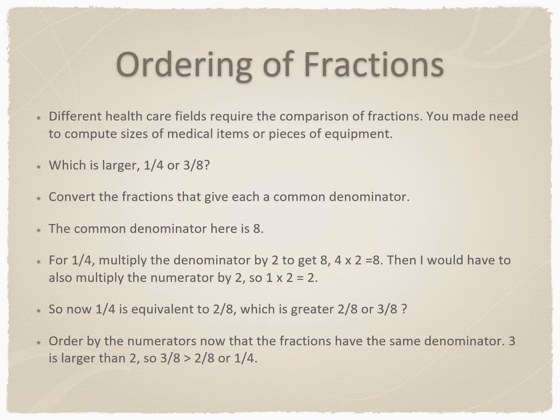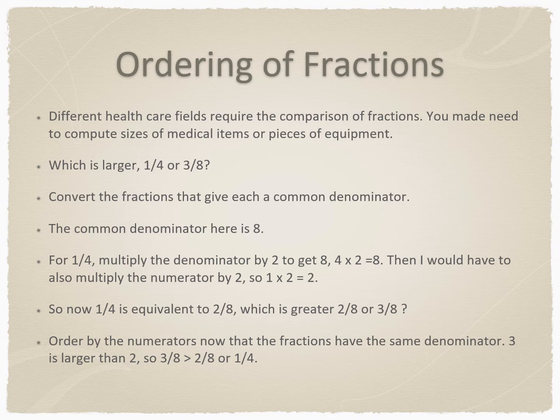So we have an example here of 1/4 or 3/8. So which one is bigger? Okay, so again we have to find the common denominator. So our common denominator there is 8. In order to get the 4 to the 8, we had to multiply it by 2. Then we had to do the same to the top. So we turned the 1/4 into 2/8.